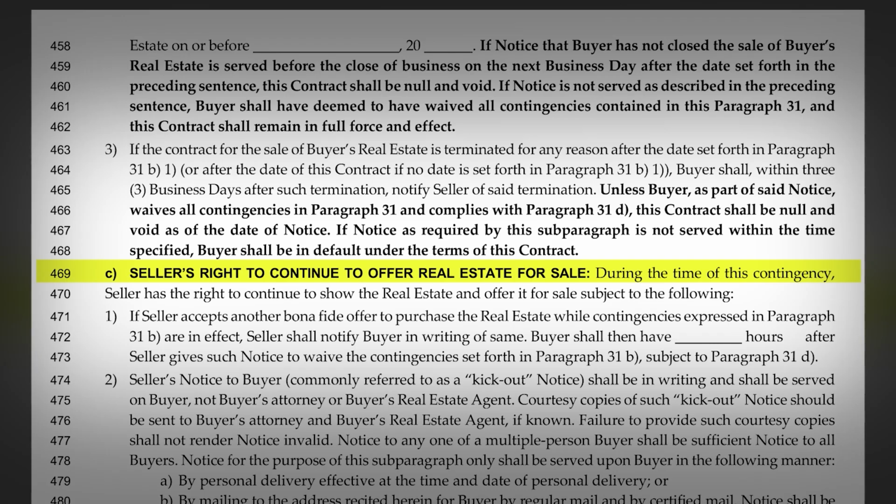There is a kick-out clause. That kick-out clause is on line 471. That blank there says, how many hours does your buyer require in order for it to be kicked out? So if another bona fide offer comes in, how many hours will your buyer be given before they get kicked out of the contract if they cannot remove the contingency?